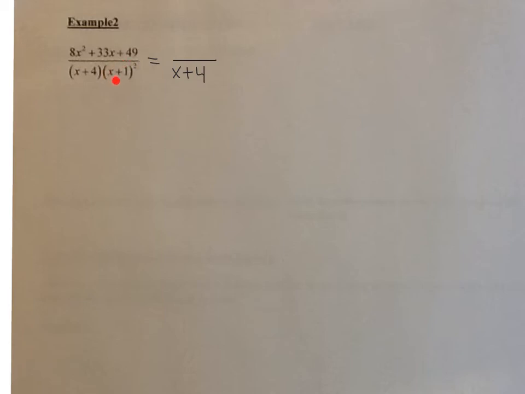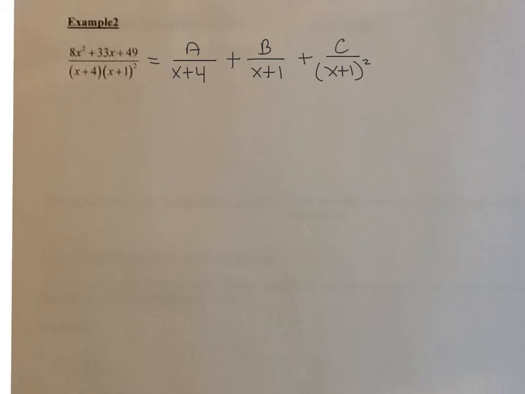All right, so for the (x+1)², I need a denominator for just x+1, and then I need a denominator for the (x+1)². So I'm going to have an A, a B, and a C here.